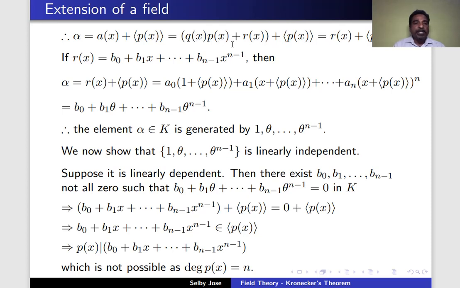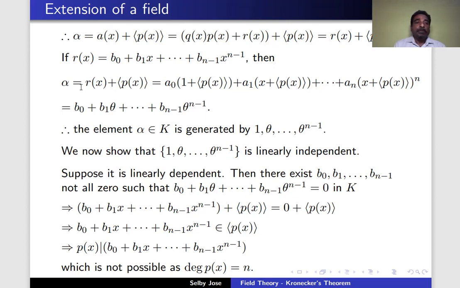So q(x)p(x) + ⟨p(x)⟩ is the same as the ideal generated by p(x). So α will be r(x) + ⟨p(x)⟩. Because the degree of r(x) is less than n, let us assume that r(x) = b0 + b1x + and so on + b_(n-1)x^(n-1) for some b_i belonging to F.